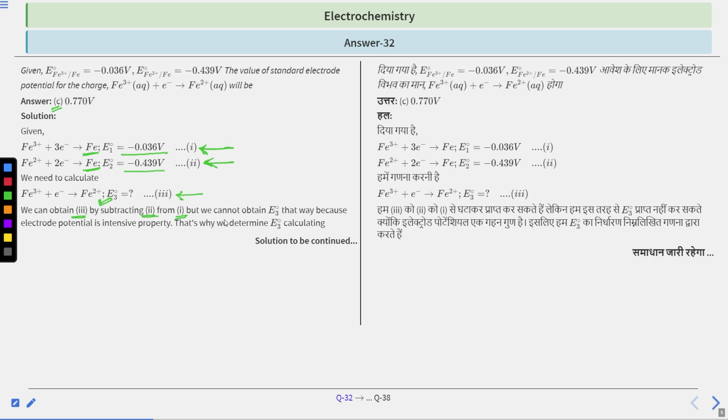But we cannot obtain the E naught 3 that way, because electrode potential is an intensive property. Because it is an intensive property, we can't get it by adding, subtracting or multiplying by anything. That's why we determine E naught 3 by calculation.